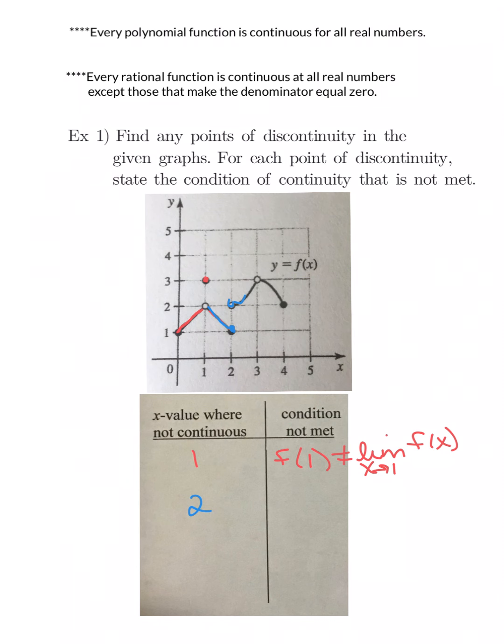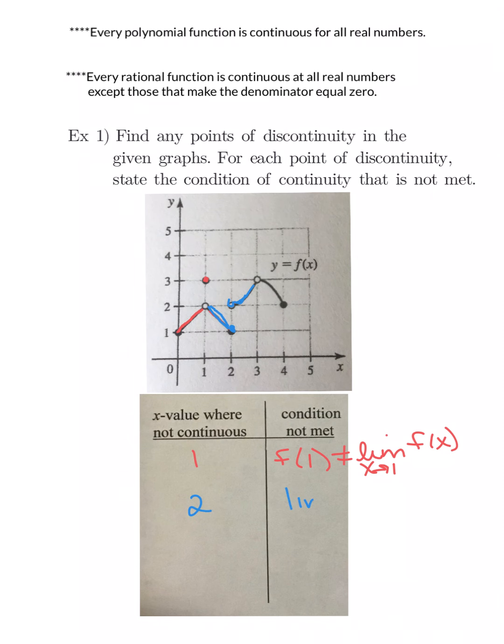Condition 2 is, does the limit exist? As I approach 2 from the left side, I am going into the y value of 1. As I approach 2 from the right side, I'm going into the y value of 2. I'm going into 2 different y values, so my limit does not exist. So that's the condition that we did not meet.